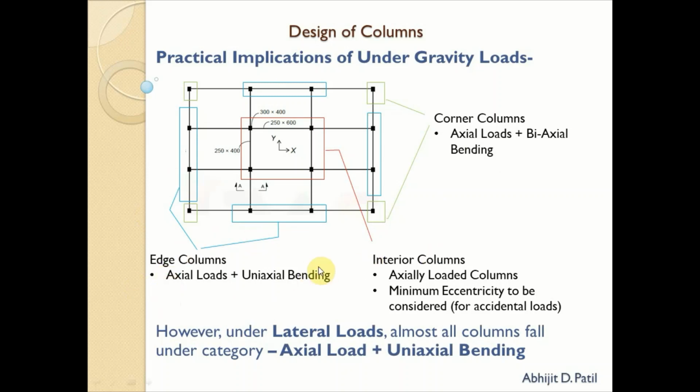When you study earthquake engineering, you will understand why these columns fall under this category. Because the earthquake moments will act on these beams. Whether the column is interior or edge column, the moments due to earthquake and wind will always act in that particular direction.